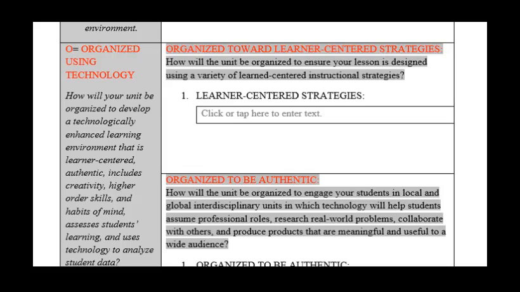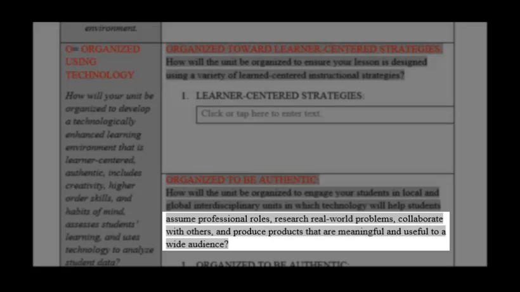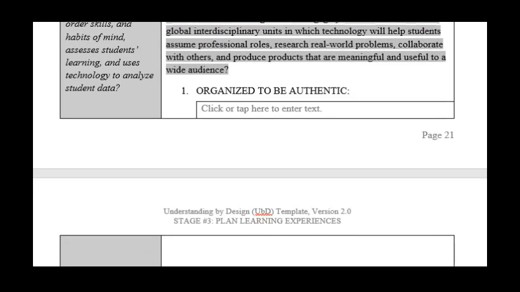We want to ensure we're engaging students in local and global interdisciplinary units. Technology will help students assume professional roles, research real-world problems, collaborate with others, and produce products that are meaningful and useful to a wide audience. In this portion, we will outline how we can do that through the lesson.